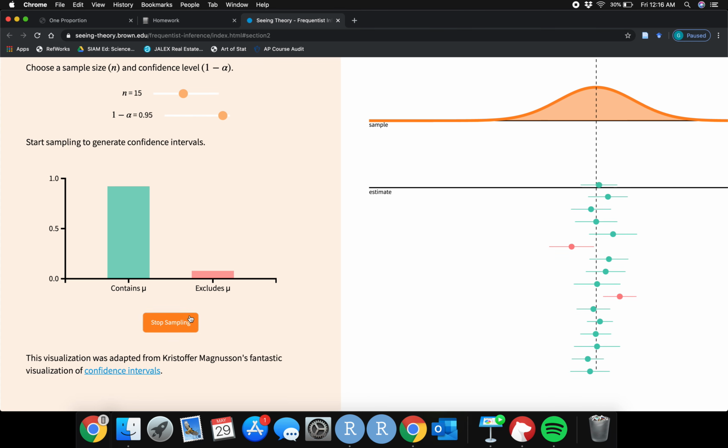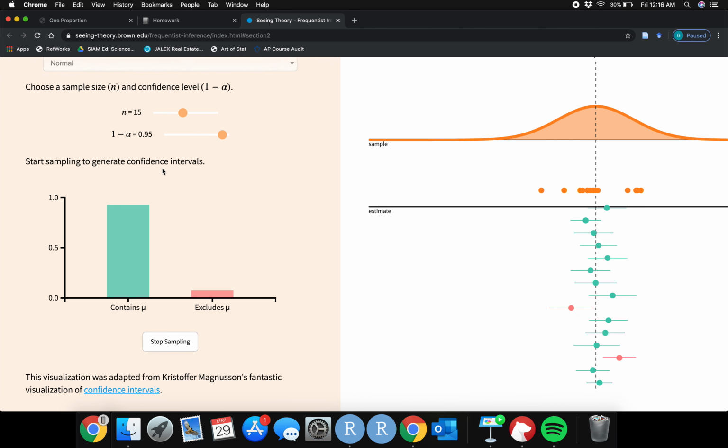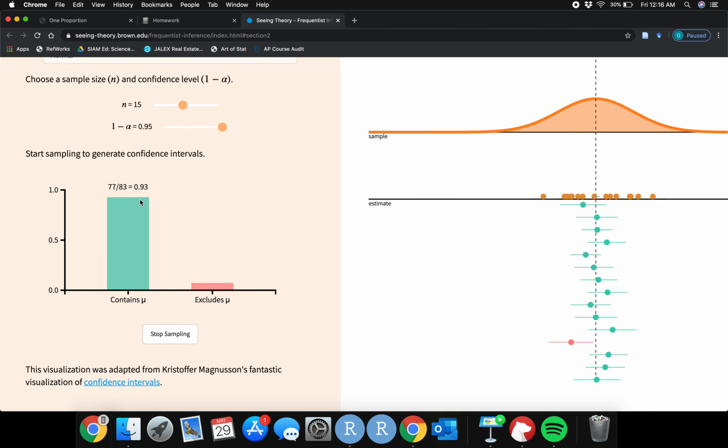If you look at these bar charts, you can actually hover over them as it continues to sample. I took a bunch of samples, and I found that out of the 100 samples that I took, 94 of them contained the truth, and 6 of them did not.